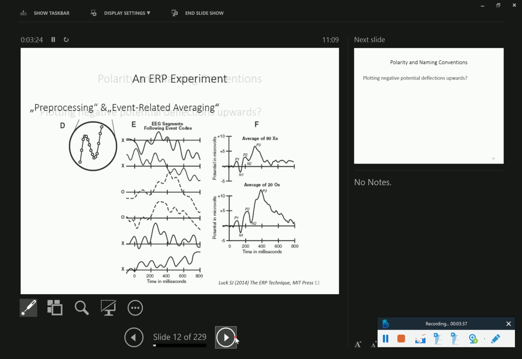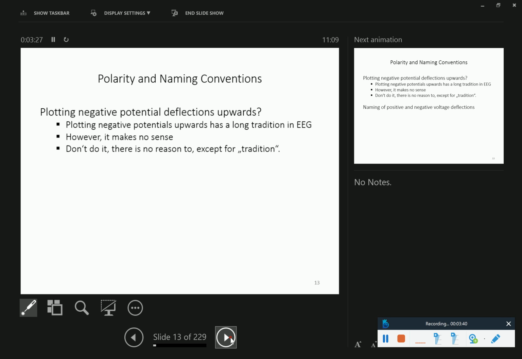It makes no sense, and it has a long tradition somehow in EEG, but I also tried to look up where this is coming from, and it's actually not that easy to figure out. So somehow it got into the EEG tradition, but we don't do that, and it's over. EEG is like any other quantitative measurement. Positivity is upwards, negativity is downwards. So you sometimes still see that. It's just weird. And Luck agrees, it's not only me.